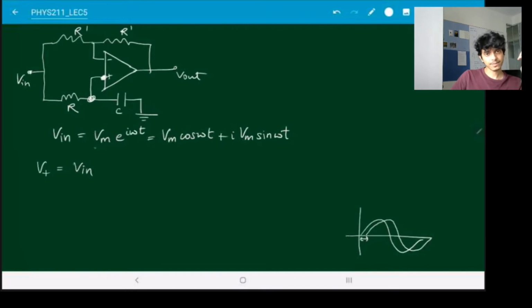But because it's a capacitor, I'm going to put its capacitive reactance. Basically, you can treat your capacitor exactly like you would treat a resistor, but instead of using the resistance, you use the complex value of its reactance. So this becomes i divided by omega C, divided by R plus i divided by omega C.